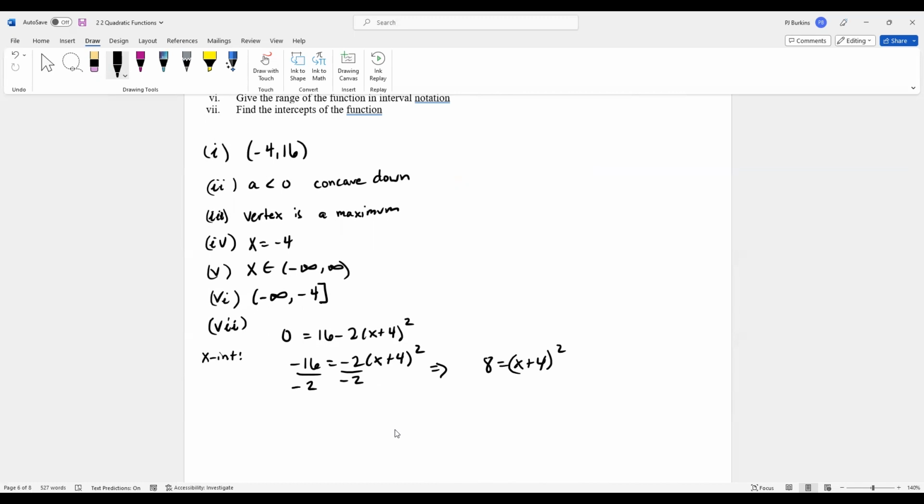Take the square root of both sides. When I do that, I get plus and minus. So I have plus and minus square root 8 equals x plus 4. I'm going to move the 4 to the other side.